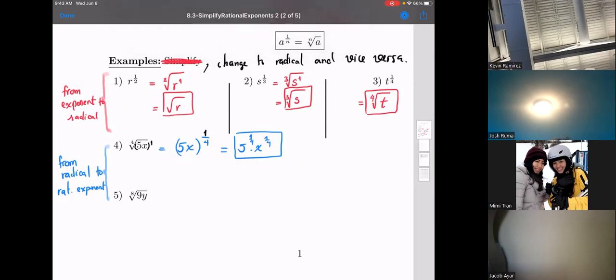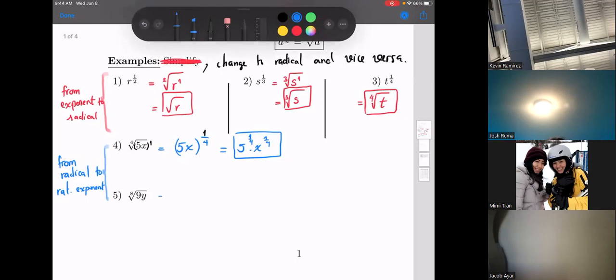Yes, good. Make sure you put parentheses around 9y. So that means the 1/8 is for both, not just for y, right?